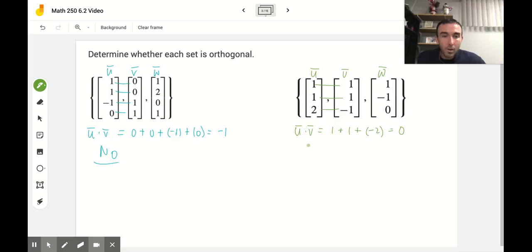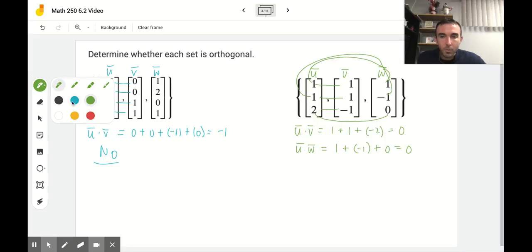So that's good, but we're not done. We also have to check the dot product of u and w. So if I go from u to w, I have 1, I have -1 from the second components, and then I have 0 from the last 2. So that's going to be 0 also. So I'm 2 for 2.